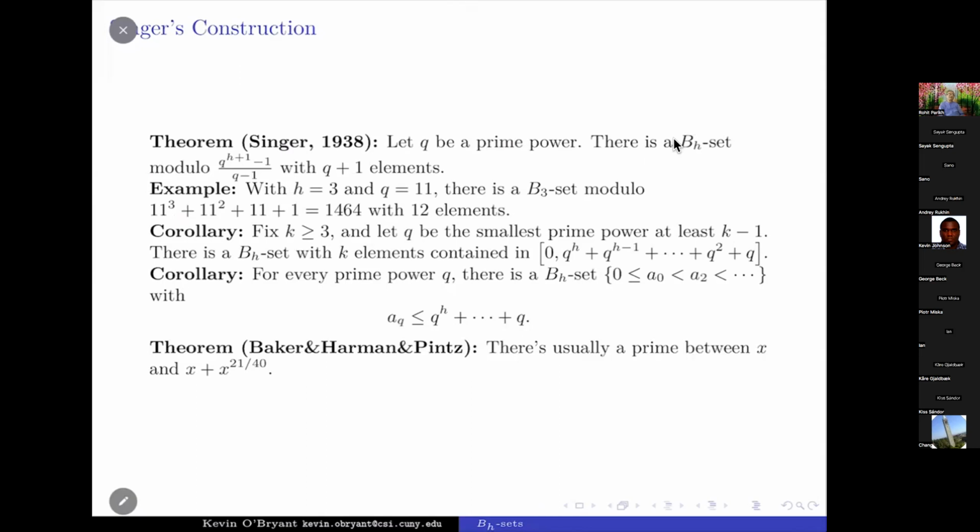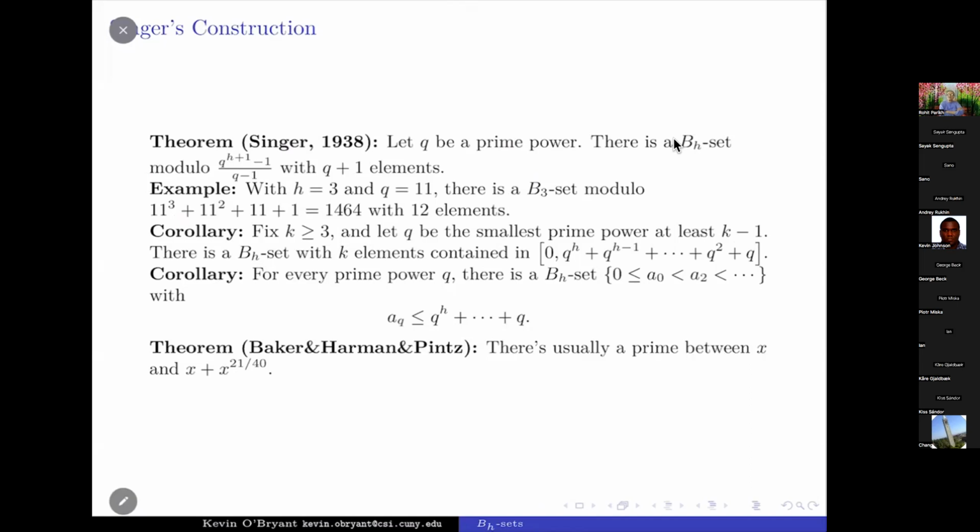By taking q to be the smallest prime power that's at least k minus 1, we get a B sub H set that has q plus 1 elements, and you just forget about some of them to make it down to size k. If you look at a subset of a B sub H set, that's also a B sub H set. So you can get down to k.